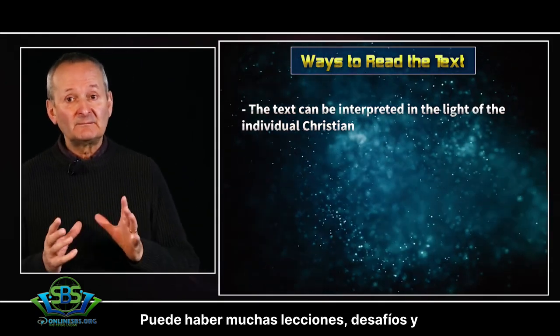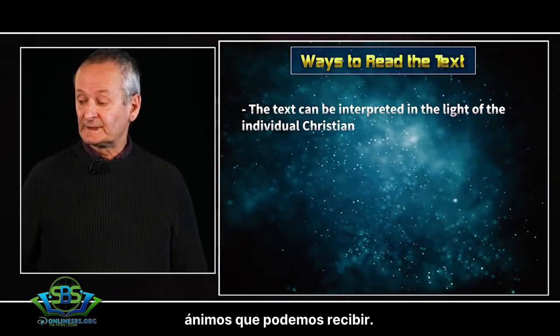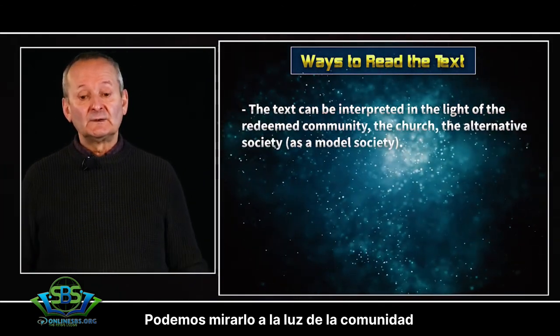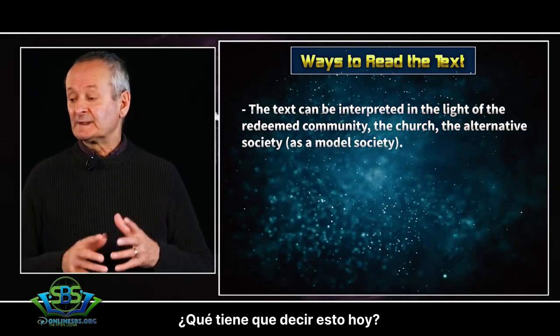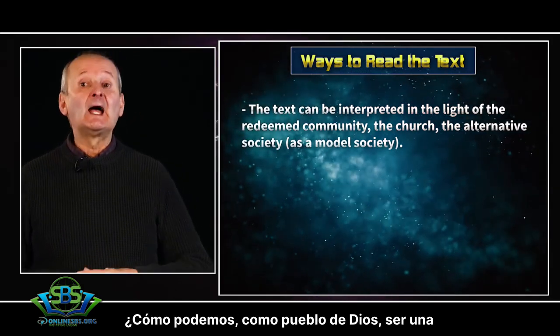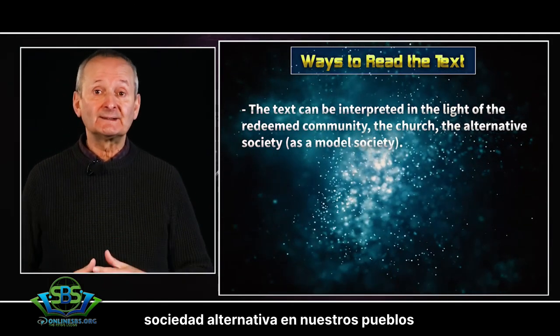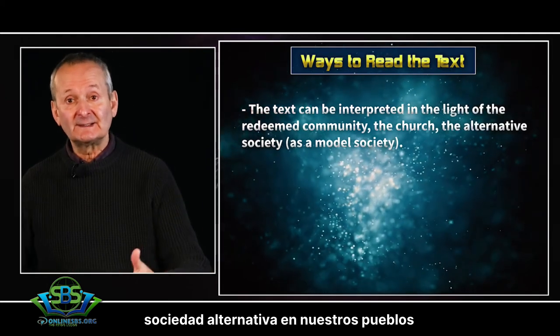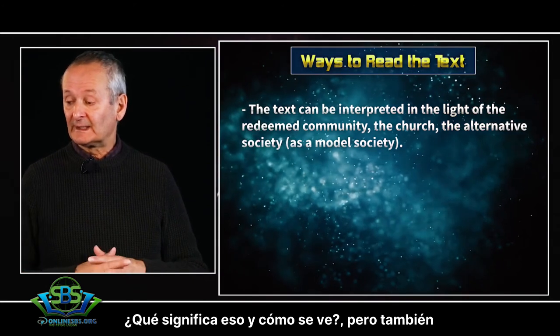And there may be lots of lessons and challenges and encouragements we can receive. We can look at it in the light of the redeemed community, the church. What does this have to say today? How can we, as God's people, be an alternative society in our towns and our cities? What does that mean and what does that look like?